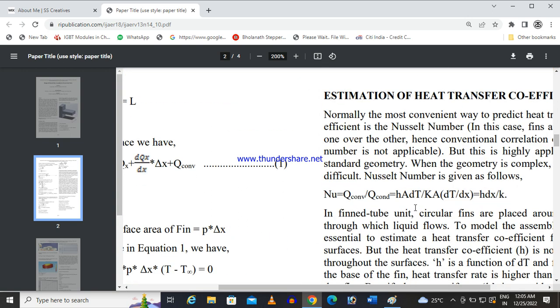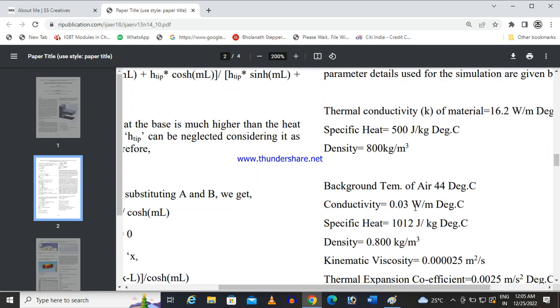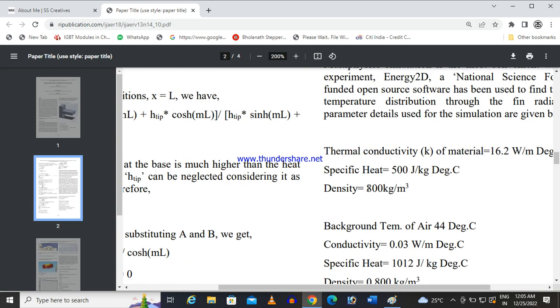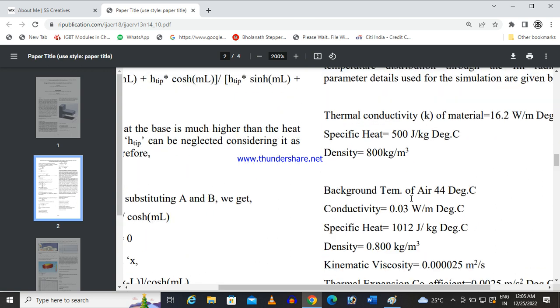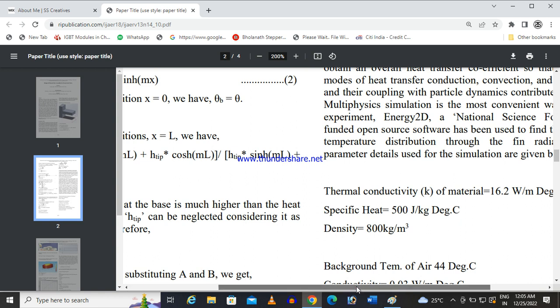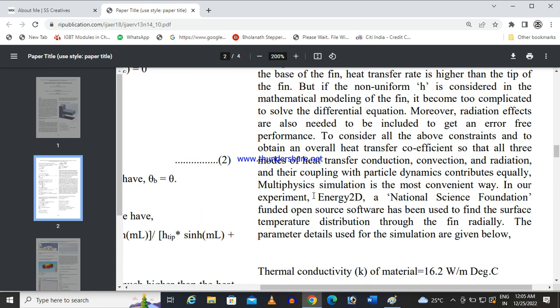Now I am not explaining the boundary conditions given in my simulation study. As I told, for our model study we have used Energy2D, an open source code. It is a National Science Foundation funded open source software, used to find out the surface temperature distribution radially through the fin.